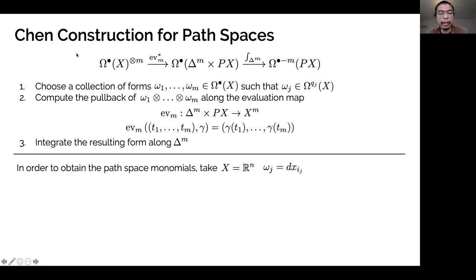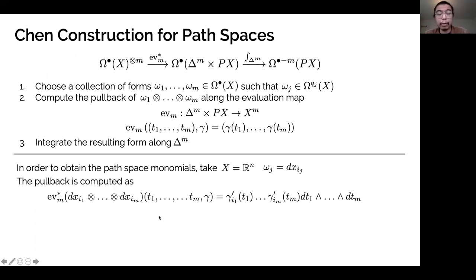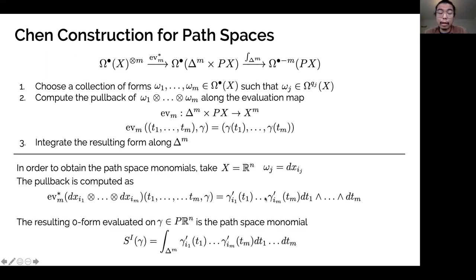And to see how we can get these path space monomials, we're going to take X to just be R^n, and these differential forms to be standard one-forms on R^n. If we compute the pullback, we find that the pullback is just going to be this iterated product of derivatives of the underlying path, and the resulting zero-form evaluated on this path gamma is going to be exactly this path space monomial.